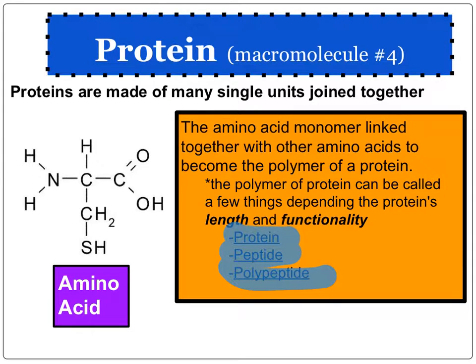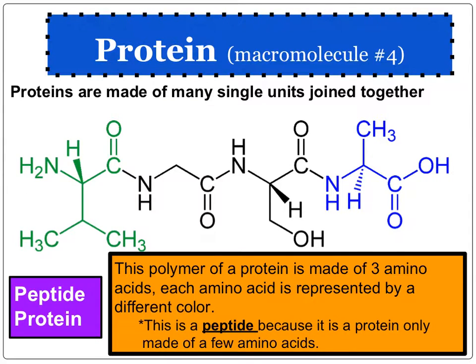So much like nucleic acids, the polymer of a protein is sometimes called a protein, but additionally, and unlike nucleic acids, proteins have some additional names, as you see here. So this is a protein, and since it's only 3 amino acids long, the type of protein it is is a peptide.